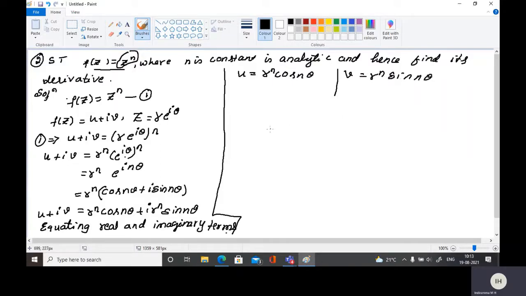To prove f of z is analytic, we have to prove that it satisfies the CR equations.